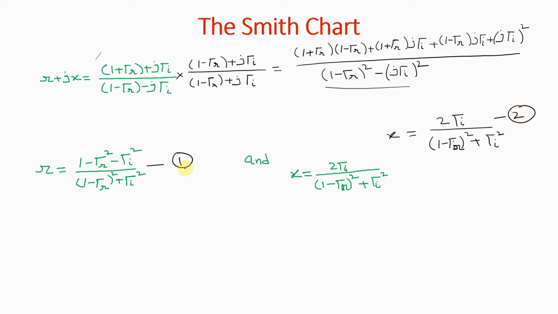So let us start with equation 1. Rearrange this equation by performing some mathematical manipulations. These manipulations run to one or two pages, so I will share them with you. We are not going to do these mathematical manipulations here. I will write the result directly.